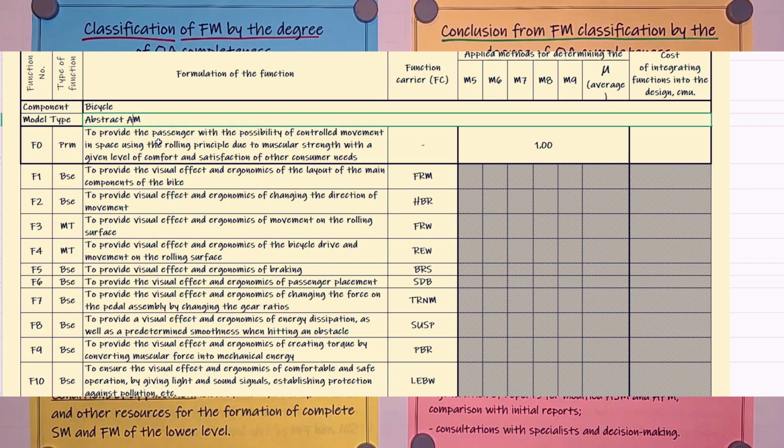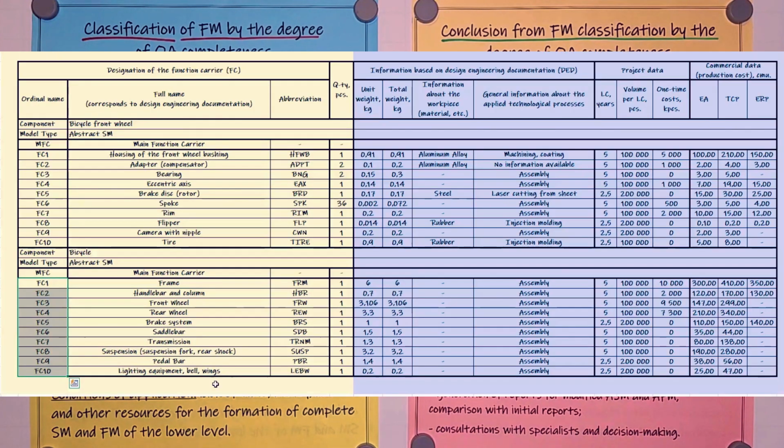For example, the manufacture of standard and double wheel rims, the manufacture of aluminum spokes and stainless steel spokes, etc. Accordingly, the structural and functional model presented to the manager becomes somewhat more voluminous, but the conclusion about the possibility or impossibility of reducing the cost of wheels becomes more meaningful and decisive for the direction of design and other resources for the development of an action plan to reduce the costs.